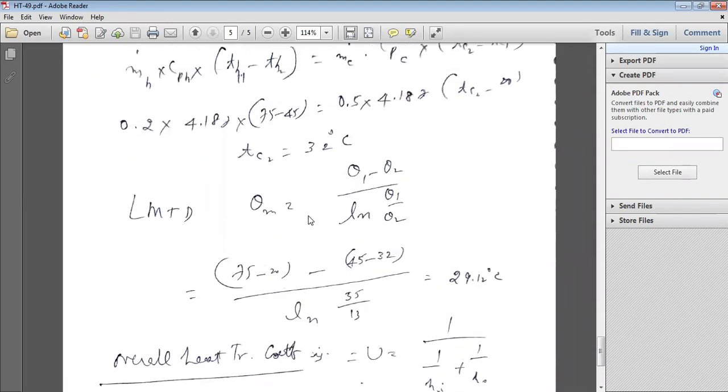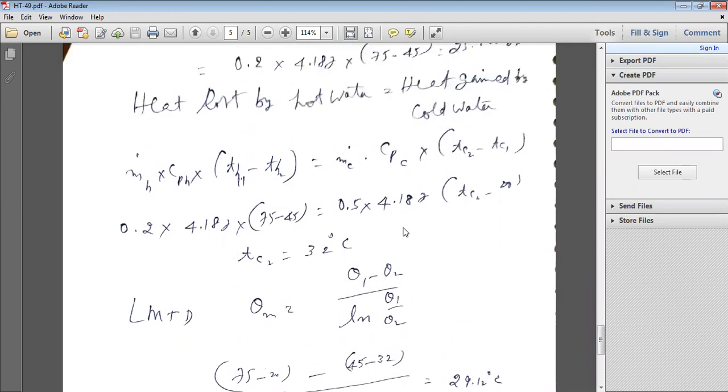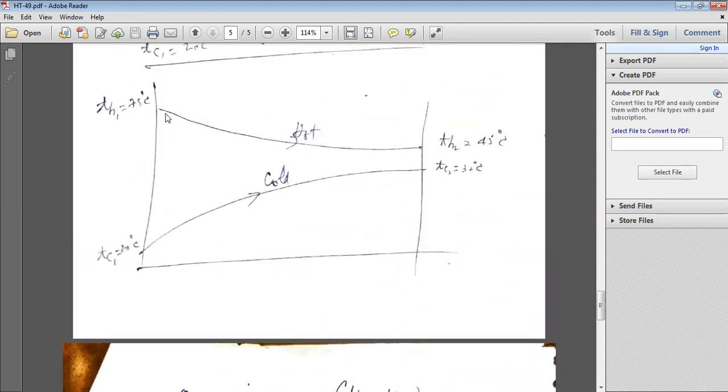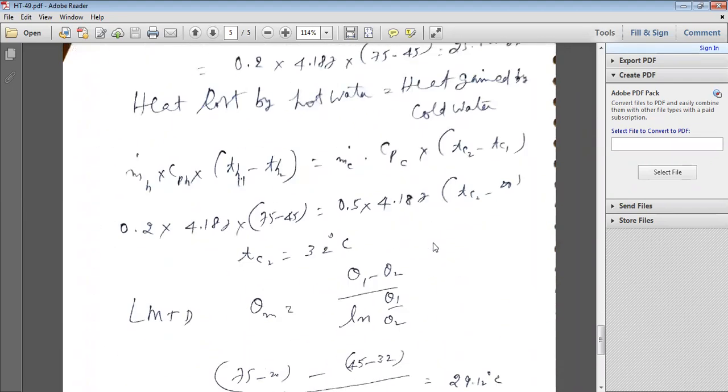Before that, you have to calculate the log mean temperature difference, LMTD, or theta mean. Theta mean is equal to theta 1 minus theta 2 divided by ln theta 1 by theta 2. Theta 1 is the temperature difference at the inlet, and theta 2 is the temperature difference at the outlet.